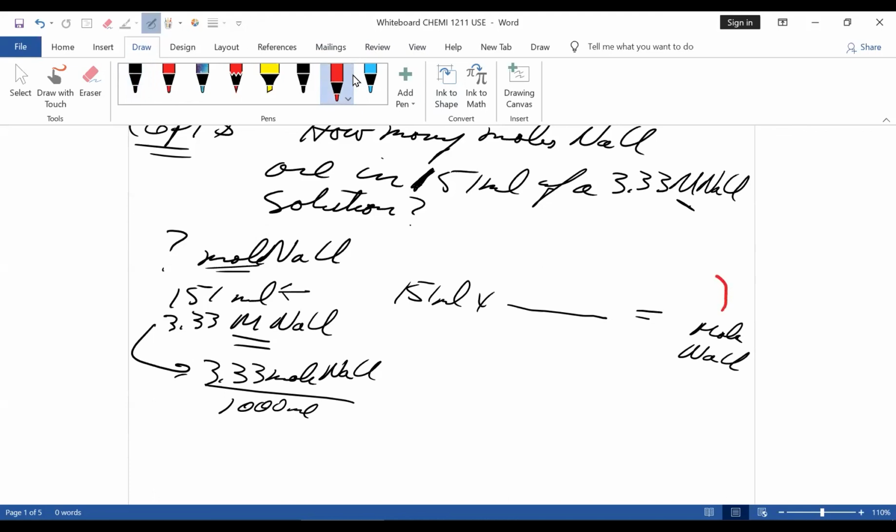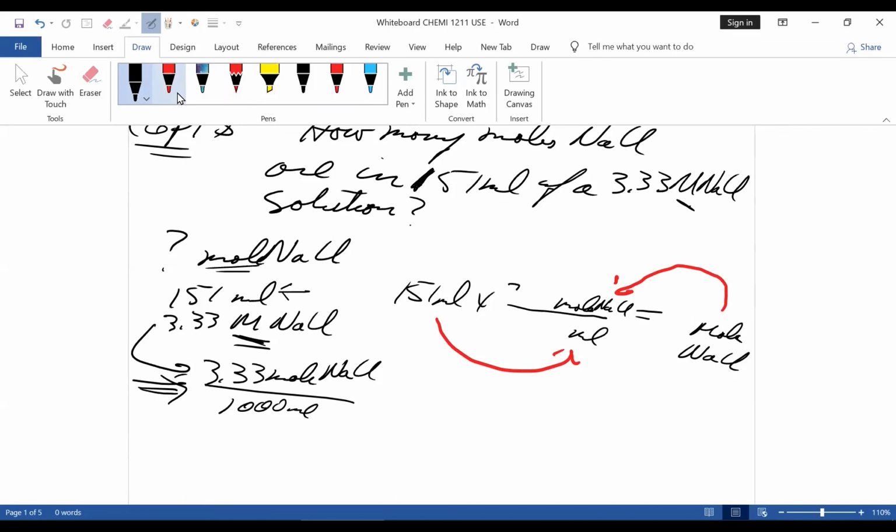Whatever we're trying to get to, the units go on top. Whatever we're trying to get rid of, the units go underneath. Therefore, this would be moles sodium chloride. This would be milliliters. Where do we get these numbers? From knowing that molarity is moles per 1,000 milliliters.